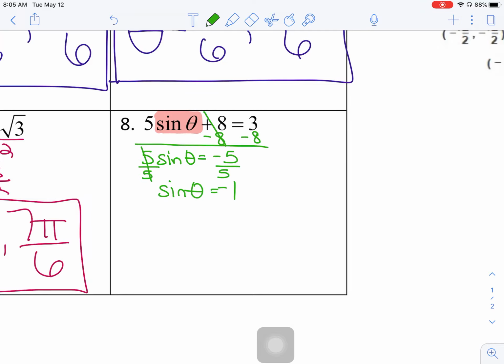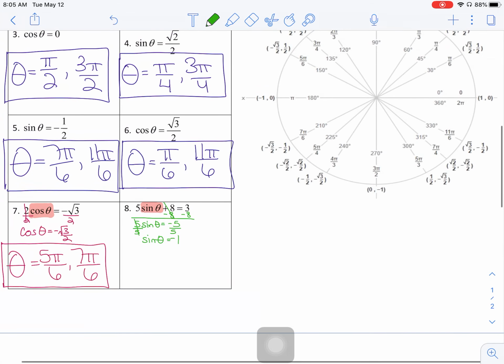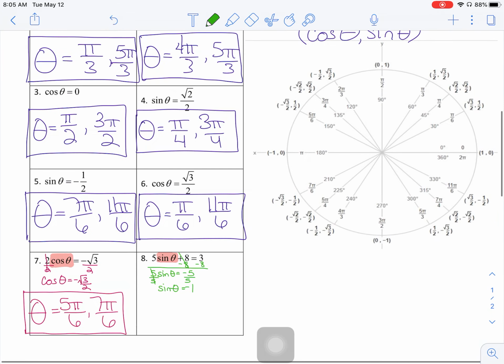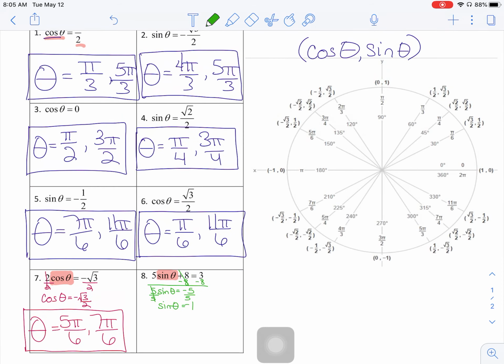Okay. So now if I want to look at my unit circle, what I'm looking for is a sine value. Sine is my y part of my ordered pairs, and I want that y value to be negative 1. So all of these are positive up here. All these y values are positive, or in this case 0.